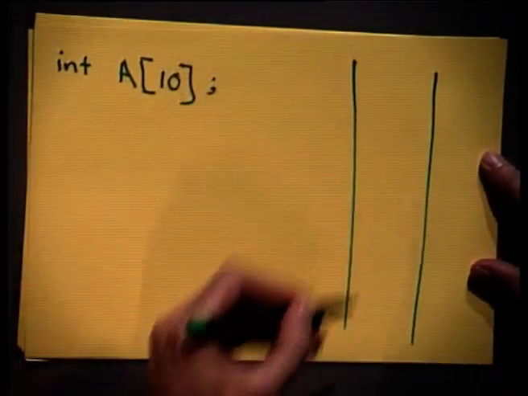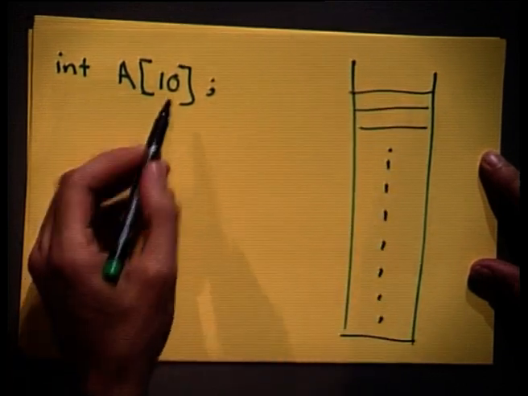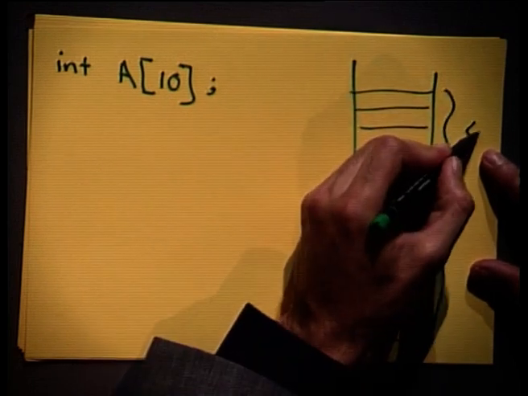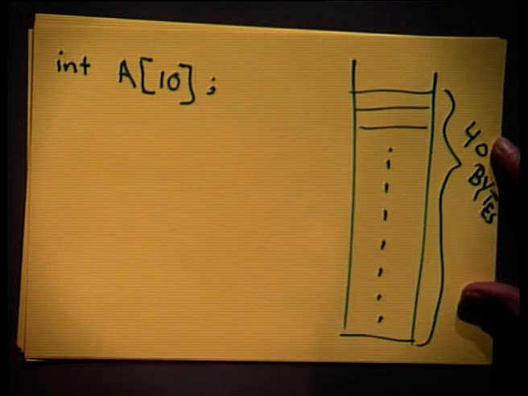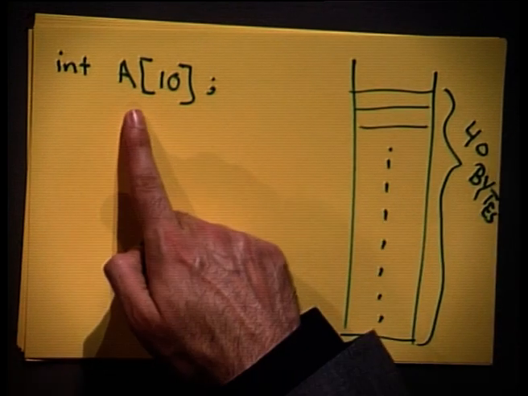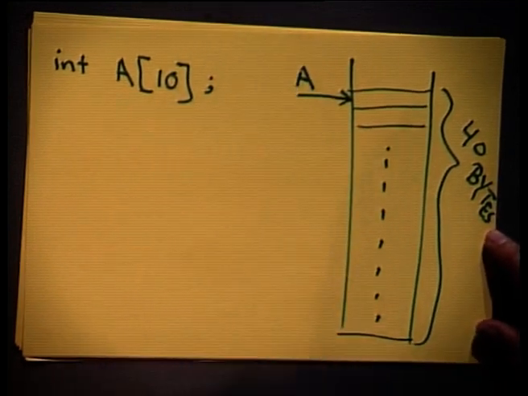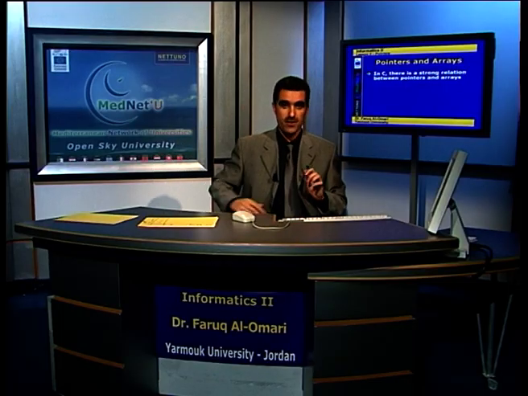As a result, in the memory map, I'm going to be reserving 10 times 4 bytes, so 40 bytes are going to be reserved in the memory for this structure, and A is actually a pointer that points to the first 4 bytes, or the first integer within this.